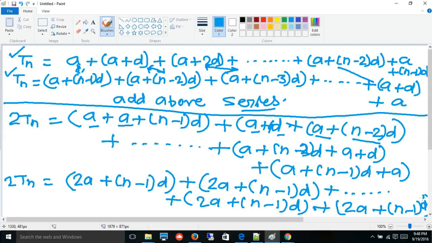Now this is the final. If you notice, everywhere we are getting 2a plus n minus 1 into d. Across the series it is coming the same, so everywhere it is giving the same thing.